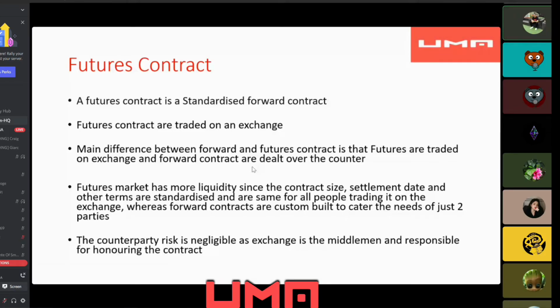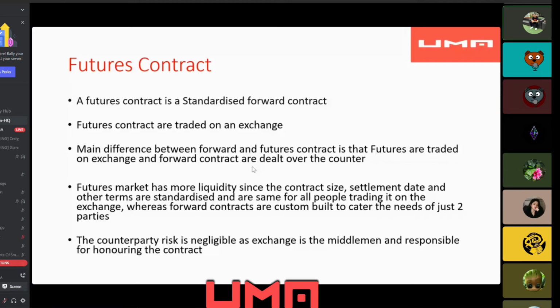And talking about the risk, let's do the question that you asked. The counterparty risk is negligible in futures since there's an exchange as the middleman and it's responsible for honoring the contract. Whereas a forward contract is a peer-to-peer contract, so compared to futures, there's a high amount of counterparty risk.